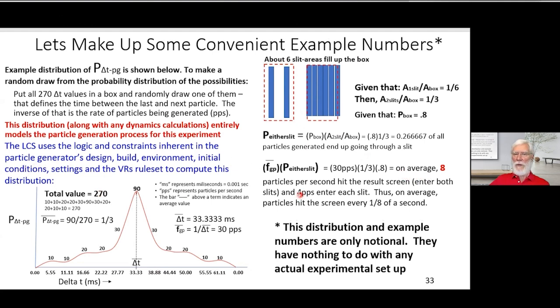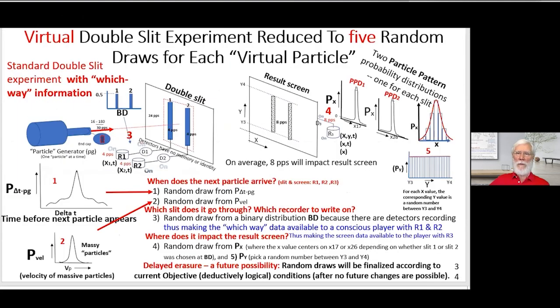Basically, you get about 4 particles per second through each slit if we let it be this average value of 33.33. Just playing with the numbers a bit, not really too important. All right, so now we're ready to do a double slit experiment.